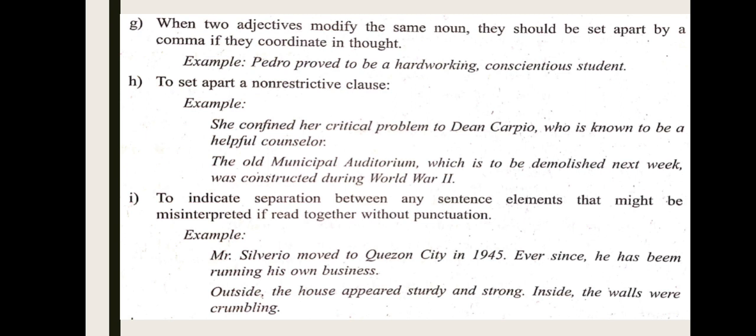Example: Mr. Silverio moved to Quezon City in 1945. Ever since, he has been running his own business. Outside, the house appeared sturdy and strong. Inside, the walls were crumbling.